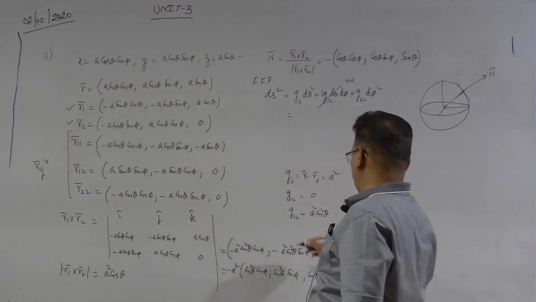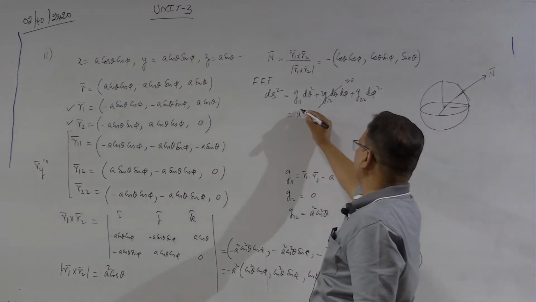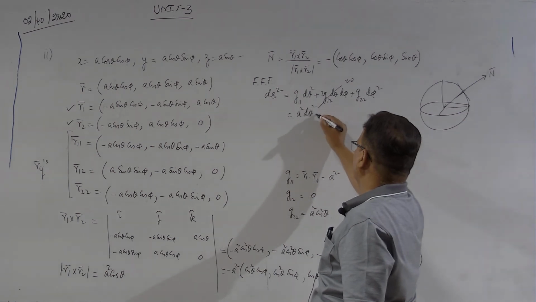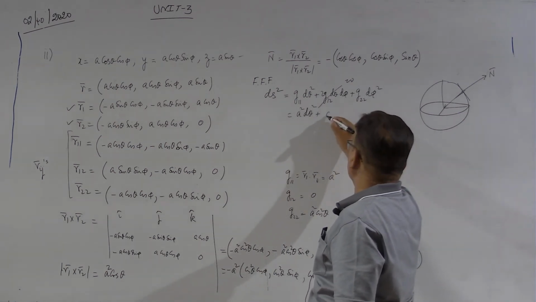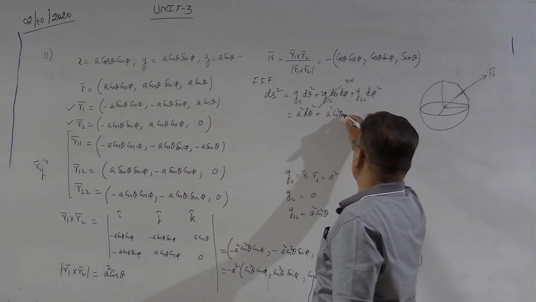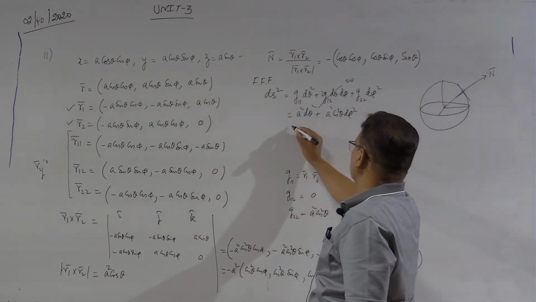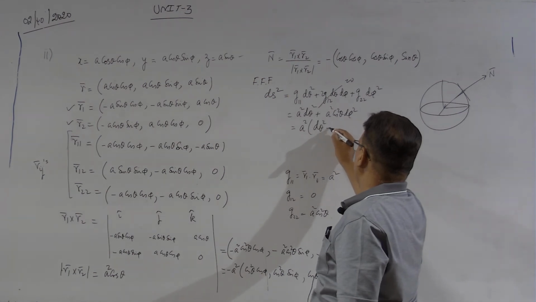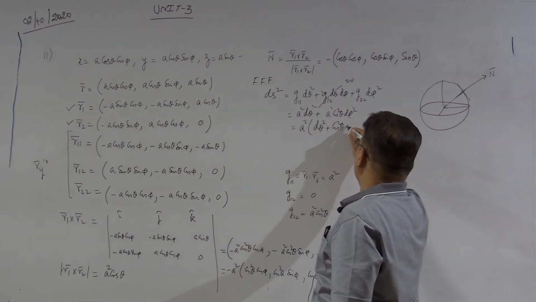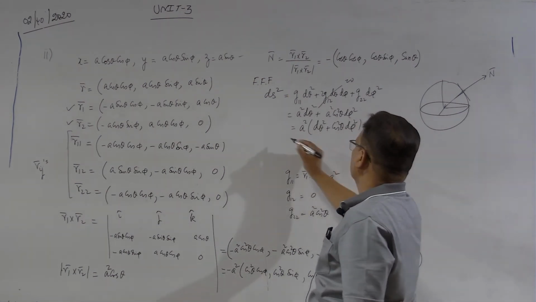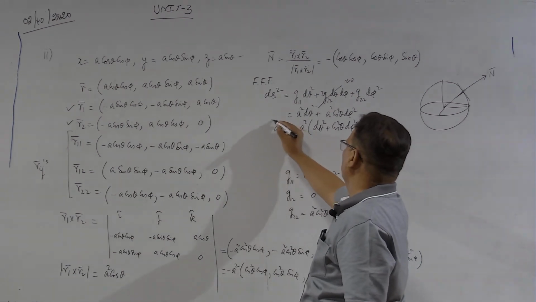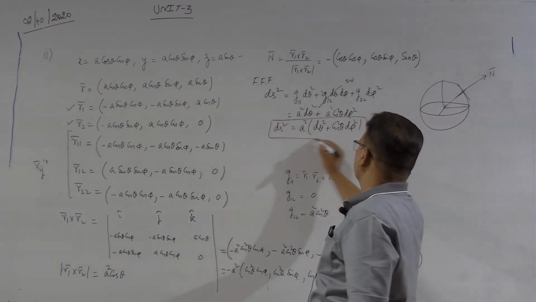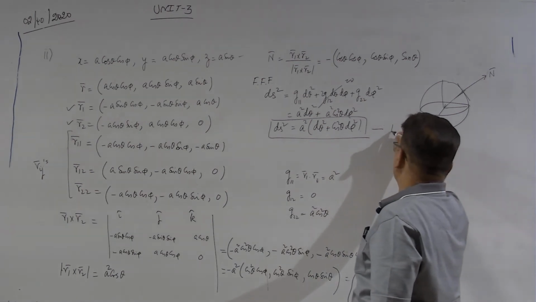G11 is simply A square into d theta square plus G22 is A square cos square theta into d phi square. So, this comes out to be A square times d theta square plus cos square theta into d phi square. This is the first fundamental form on a sphere, first fundamental form.